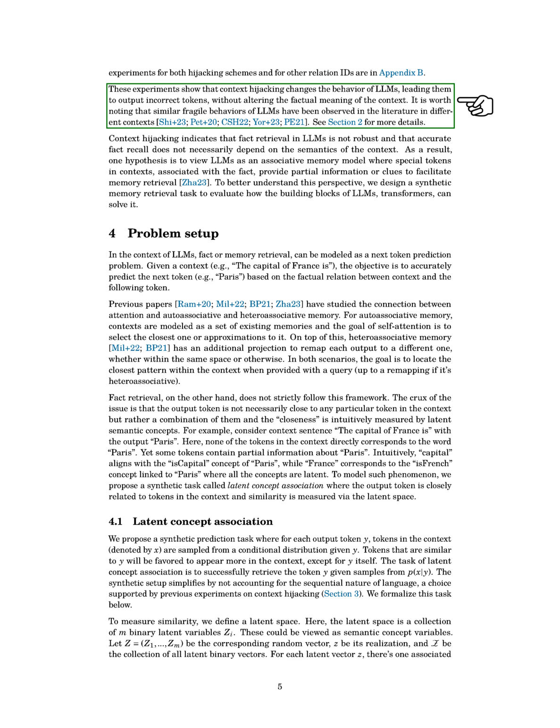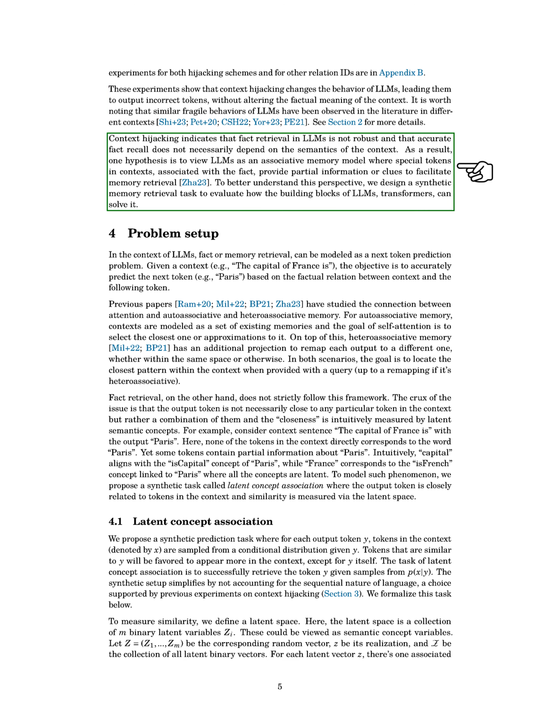This suggests that accurate fact recall in LLMs is not always reliant on the context semantics. This leads to the hypothesis of viewing LLMs as associative memory models, where special tokens in contexts provide clues for memory retrieval. To further explore this idea, we create a synthetic memory retrieval task to assess how transformers, the building blocks of LLMs, tackle this task.